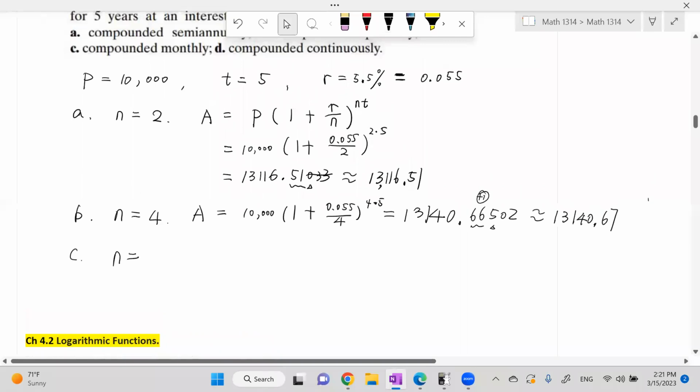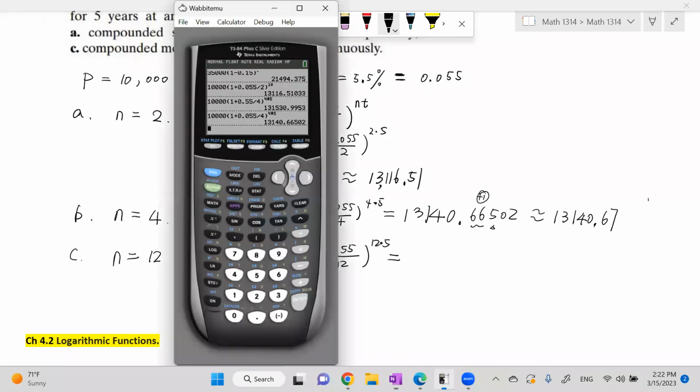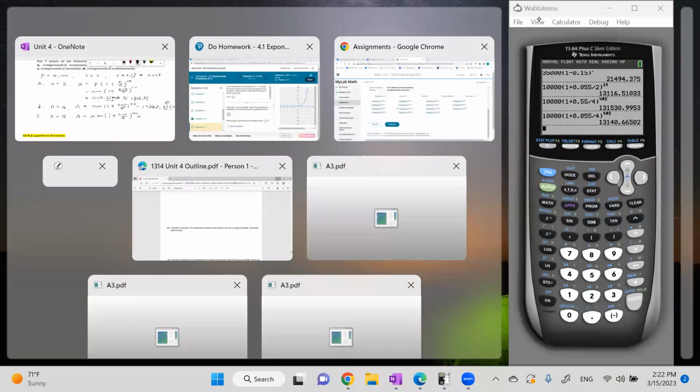Number C. n equals compound monthly, n equals 12. So A equals 10,000 multiplied by 1 plus 0.055 over 12, raised to 12 times 5, because it's n times t. Okay, let's use the calculator.